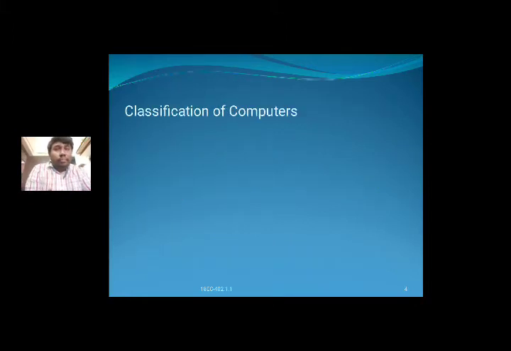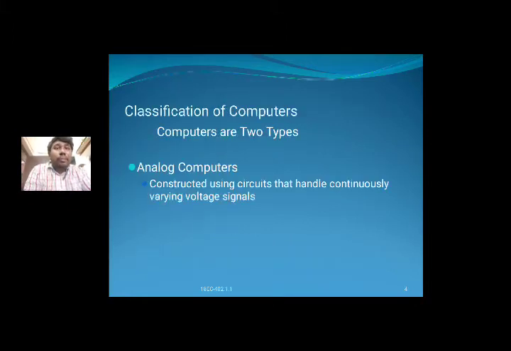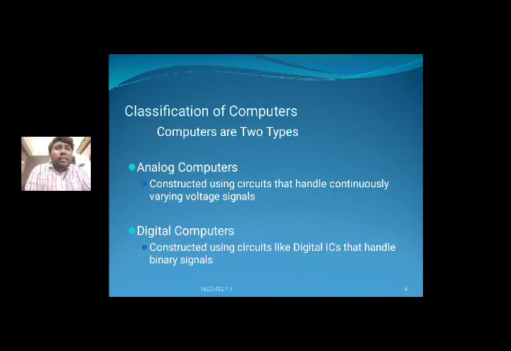Then the classification of computers. Generally, in designing computers, we follow two types of methods: analog computers and digital computers. Analog computers are constructed using circuits that handle continuously varying voltage signals.